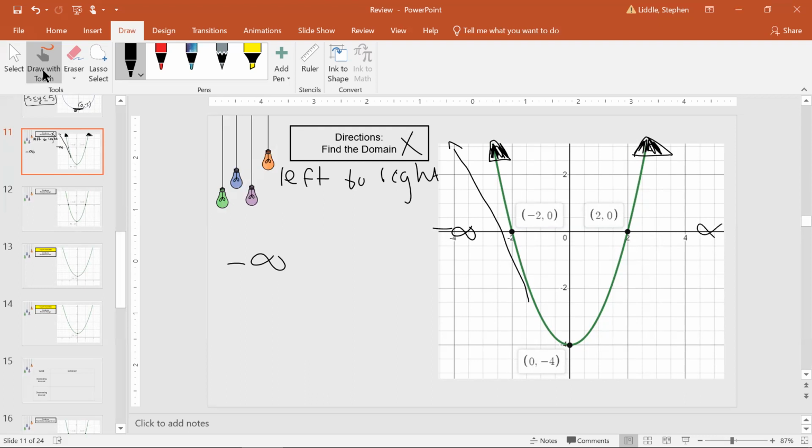On our other side would be positive infinity. So as we are going to the right of this graph, it's going to go to the right forever. So it's going to go to infinity. Our X goes in the middle, signifying domain. And instead of less than equal to, like we've been using, we are going to use the less than symbols here because we can never touch infinity.